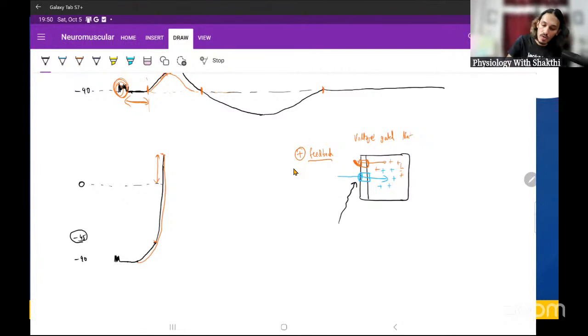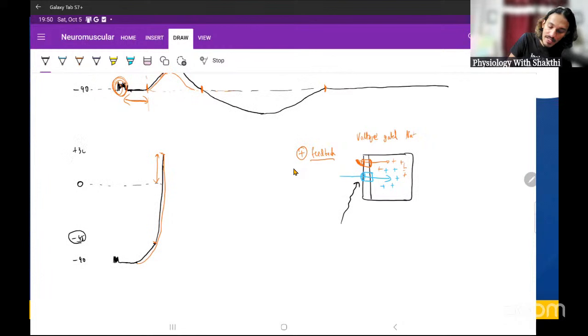Now it's trying to go to its equilibrium potential. It's reached somewhere around plus 30. By then, our slow guy, potassium, got activated and decided to start now. What is potassium's equilibrium potential? Minus 90. So do you think it will allow it to keep going towards plus 61? It'll try to drag it down now towards its equilibrium potential.